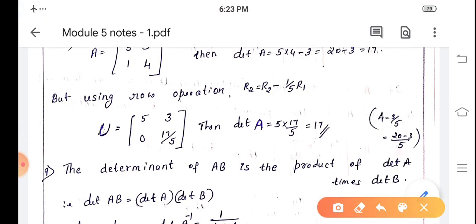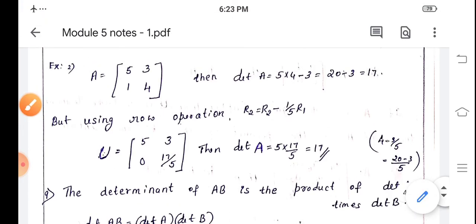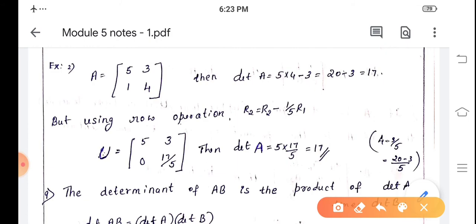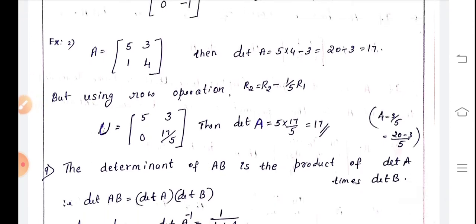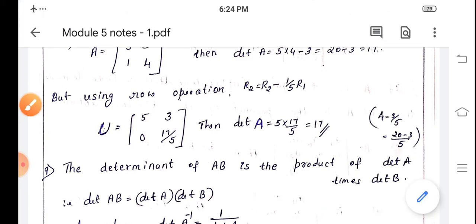Here, to reduce the matrix A to echelon form, usually we multiply the second row by 5. We write the row operation as 5 into R2 minus R1. But here, to find the determinant, we are not multiplying a row by a scalar, because the determinant value changes. Instead, we can add a scalar multiple of one row to another row.